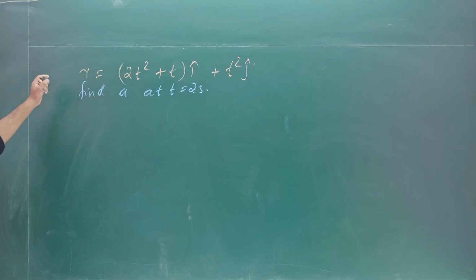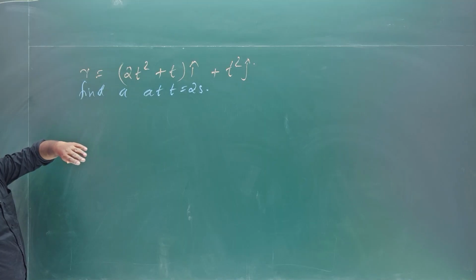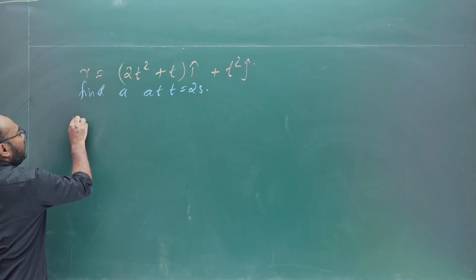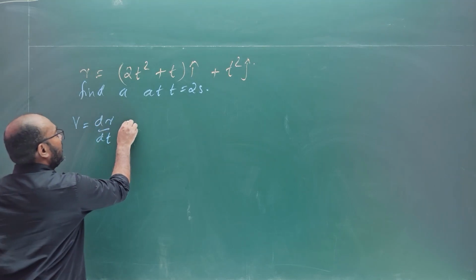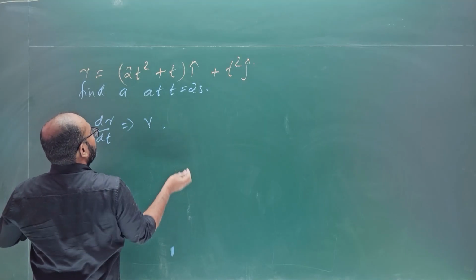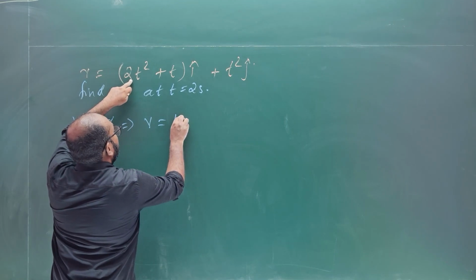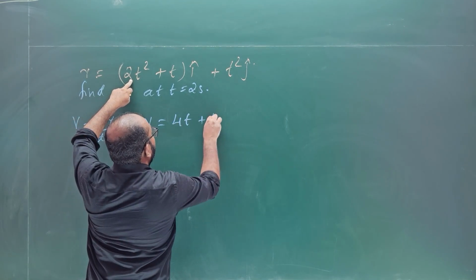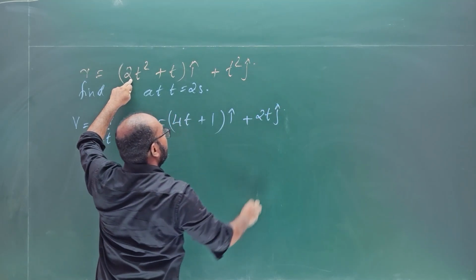Okay, now same method, everything is same, only this thing is represented now in i cap j cap, that's it. Now velocity is nothing but dr upon dt. Can I write like this? So v is becoming 4t plus 1 i cap plus 2t j cap.